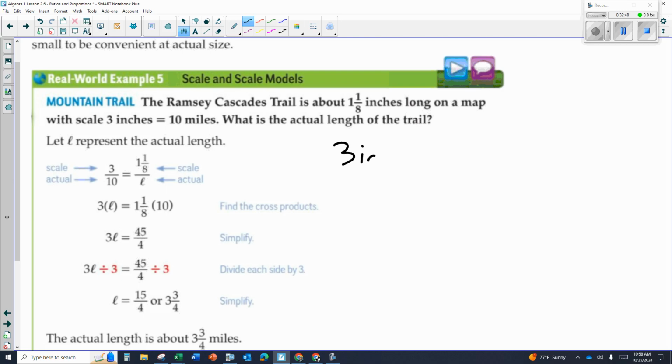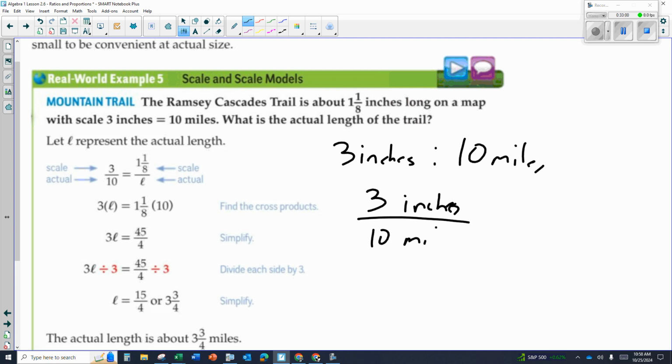It's 3 inches for every 10 miles, which means we can set this up as 3 inches for every 10 miles. So our key ratio is inches to miles. Everything needs to be set up with inches to miles to be able to set this up.